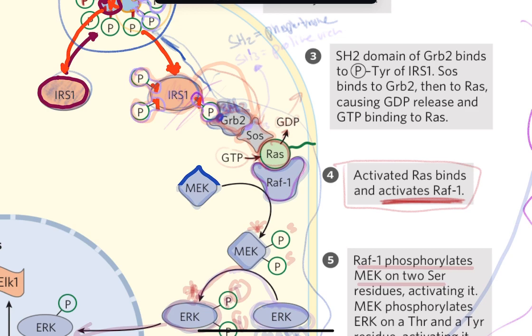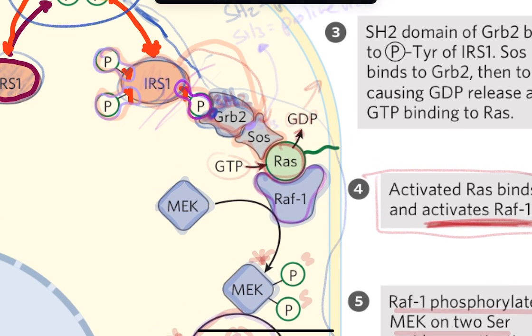These phosphotyrosine residues are going to bind to the SH2 domains, which are right over here on the GRB2 protein. A lot of signaling proteins contain this SH2, Src homology 2 domain.